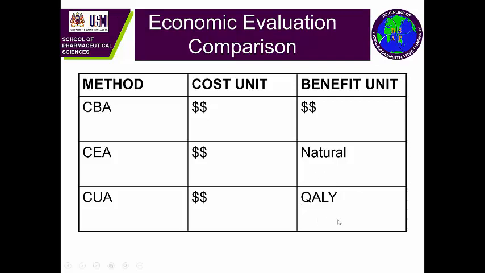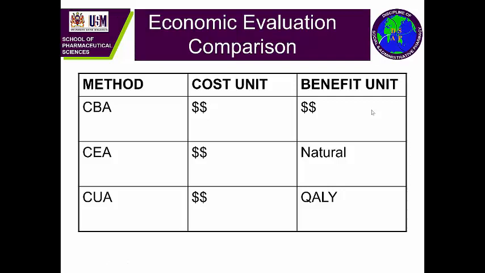In cost utility analysis, this natural outcome is converted into a utility value, which combines information about quality of life and the survival of the patient, or in simpler form, a QALY. In cost-benefit analysis, the benefit, which was measured in the natural unit of outcome, is converted into monetary value. And this is what cost-benefit analysis is.